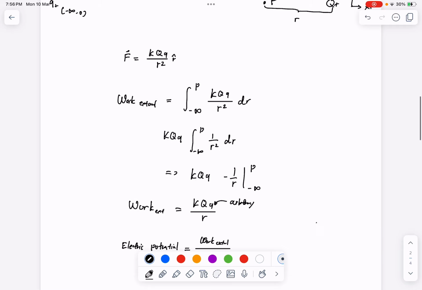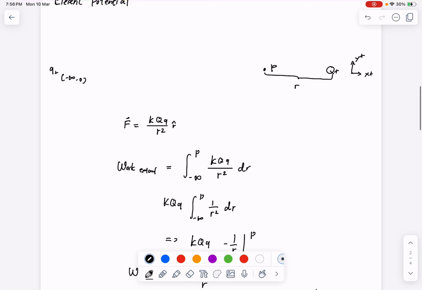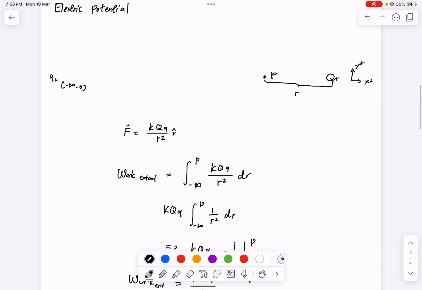So one of the conditions in the definition is that the charge is being moved at constant velocity to point P. So this charge is moving at constant velocity.